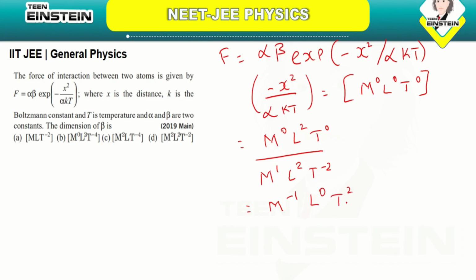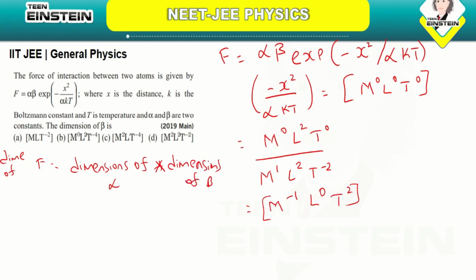Okay. So now from the given equation we have dimensions of f is equal to dimensions of alpha into dimensions of beta.